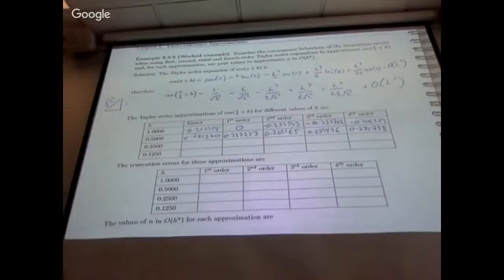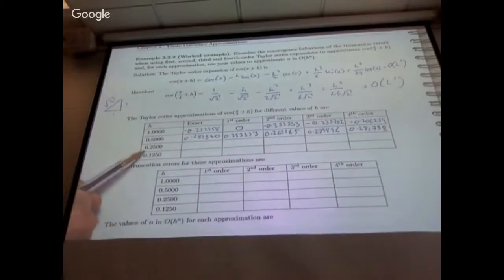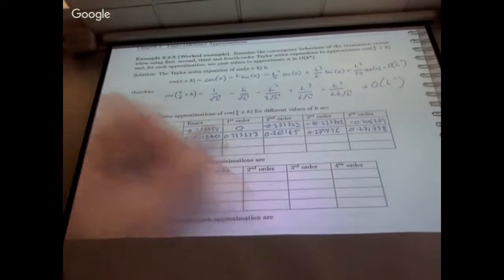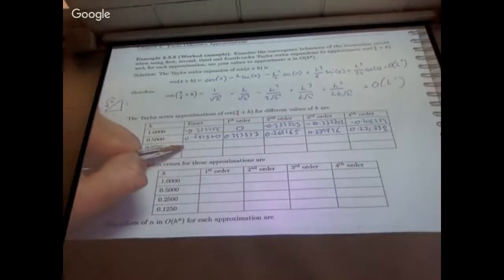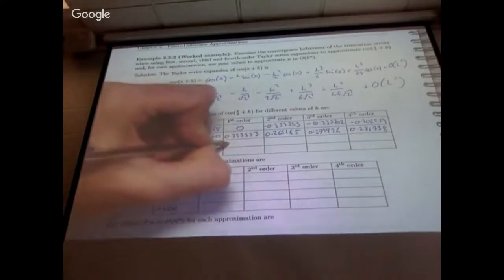If you were to halve the step length again, so now we've got a step length of 1/4, what would the exact one be? So pi over 4 plus 1/4. Cos of that, I don't know. Anybody know? About that.